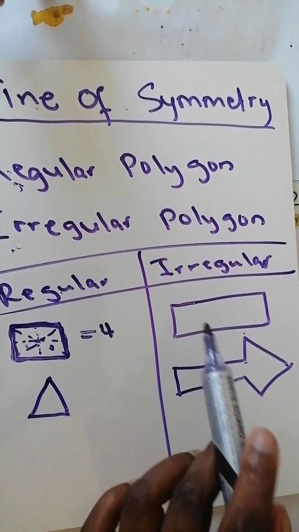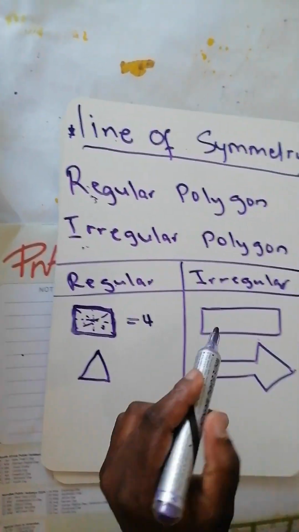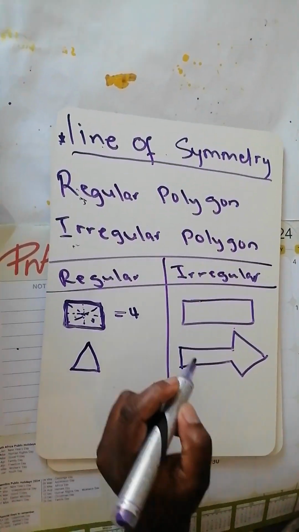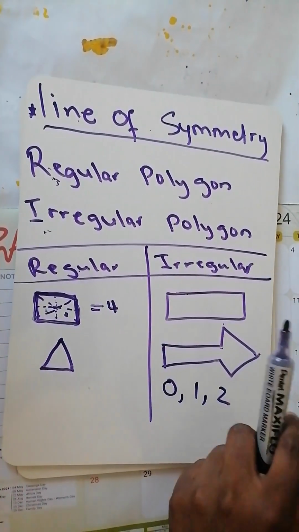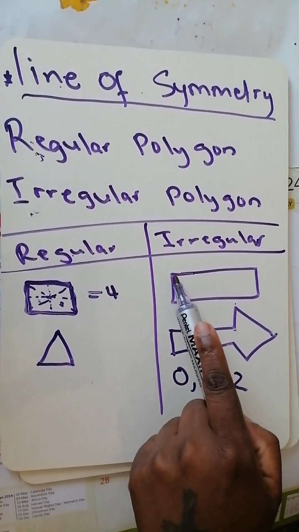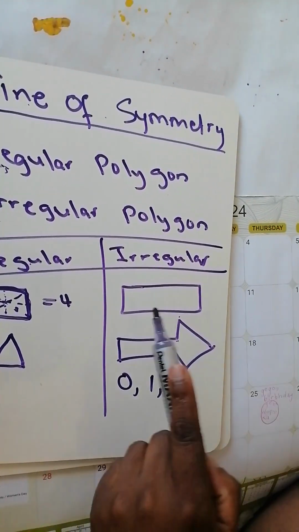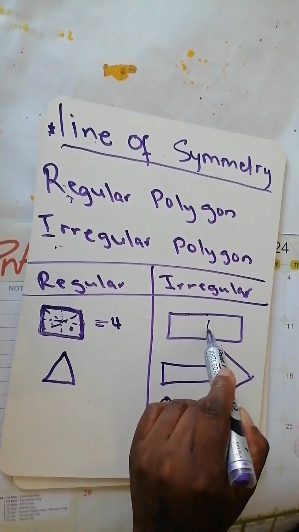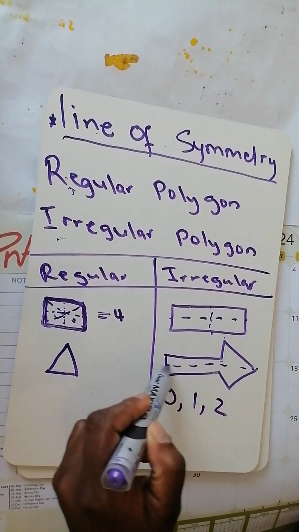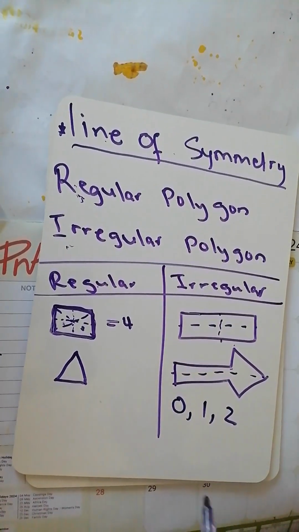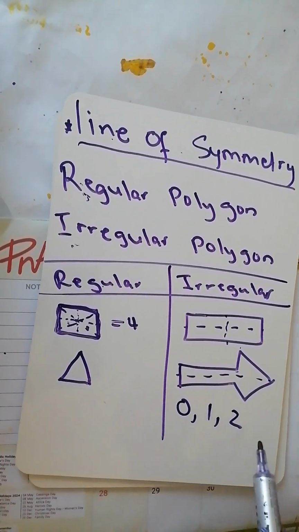However, if it's an irregular polygon, the lines of symmetry can be either 0, 1, or 2. For example, this is irregular because the distance from here to here and here to there is not equal. Therefore, I can only cut this into 2 equal parts. This one I can only cut once. So an irregular polygon can have either 0, 1, or 2 lines of symmetry.